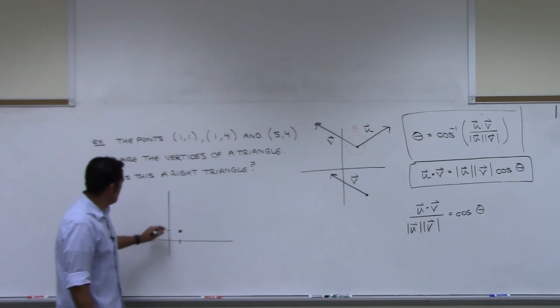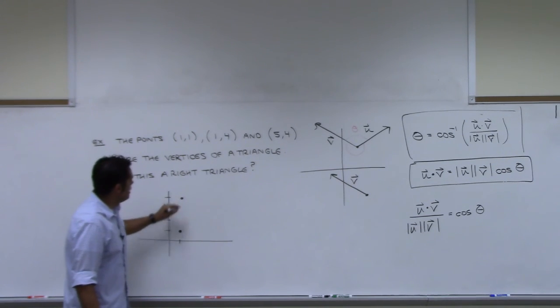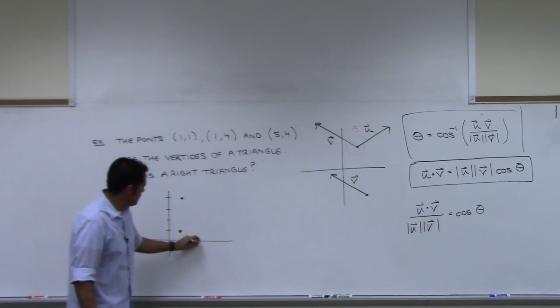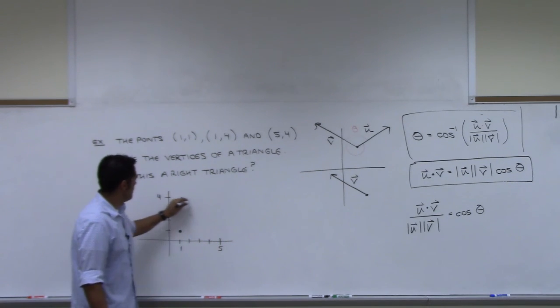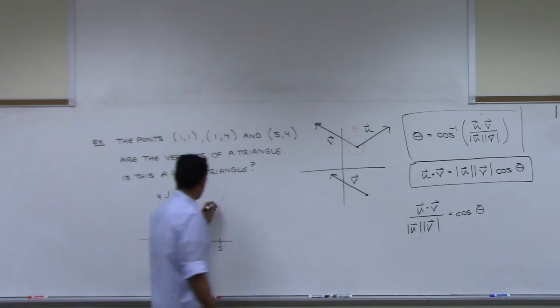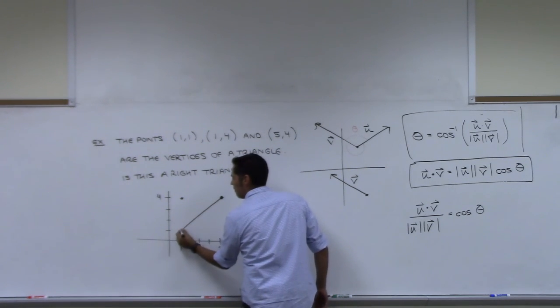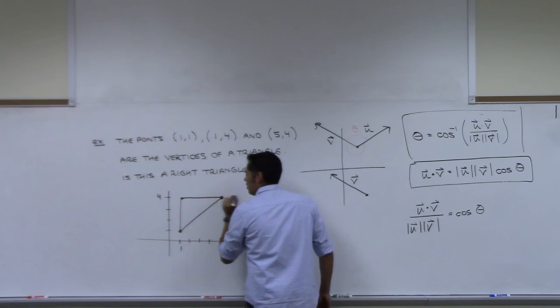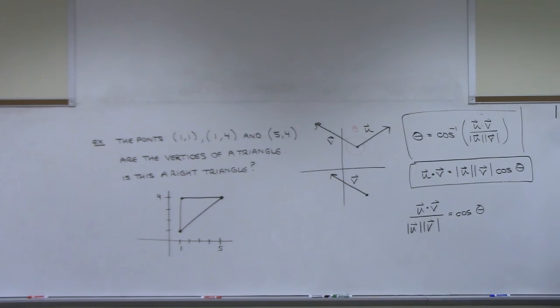The point (1, 4) is here. And the point (5, 4) is right up here. And if we connect these, it sure looks like a right triangle, right? And I think we could all just at this point say, yes, it is, right?